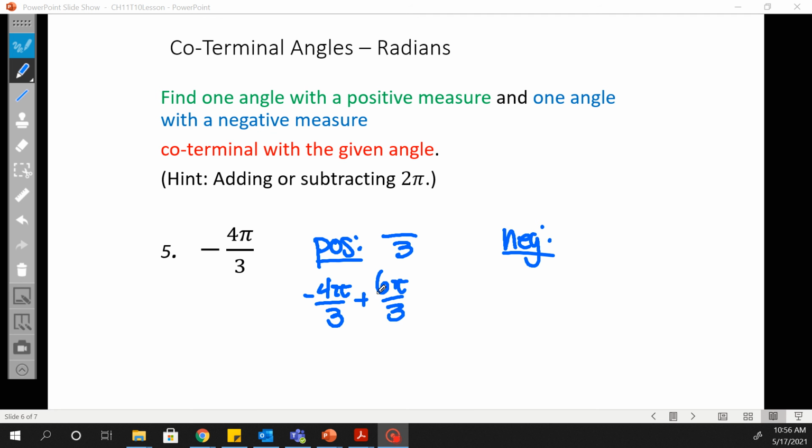So negative 4 pi plus 6 pi is 2 pi, so 2 pi over 3 for my positive. For my negative, I will subtract 2 pi, so I will subtract 6 pi over 3, which is 2 pi. So I get negative 10 pi over 3. And those are two coterminal angles in radians.